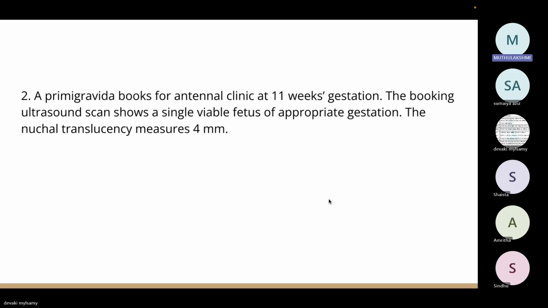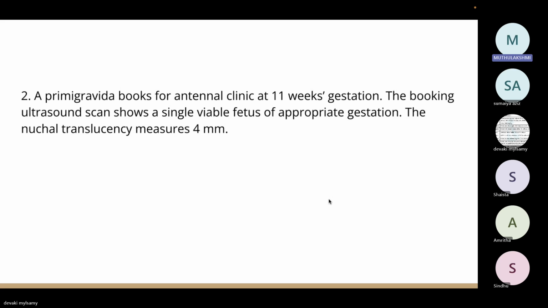So room number 2, increased NT of 4 mm in a primigravida with 11 weeks gestation, singleton fetus. Here the anticipated complications: increased nuchal translucency is associated with chromosomal disorders and cardiac anomalies.